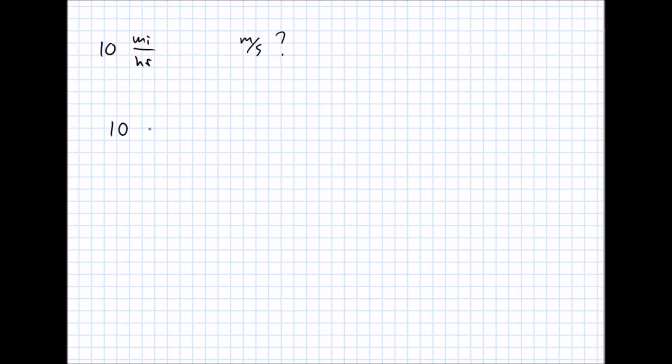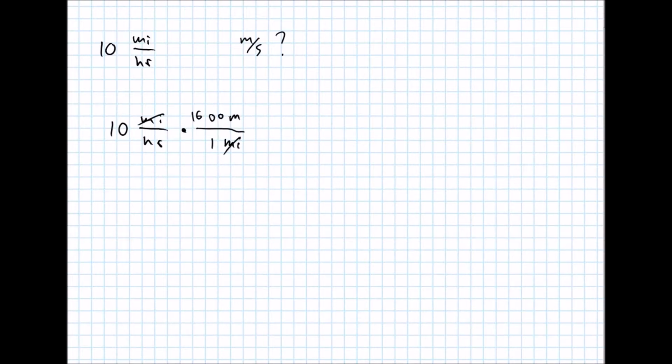So, I see that I have miles. I need to turn that into meters. Well, let's see if we can do it in one go. Miles goes on the bottom because I'm trying to cancel it out. Meters will be on top. Now, I happen to know that in 1 mile there are 1,600 meters because I used to run track, and we called it a 1,600.